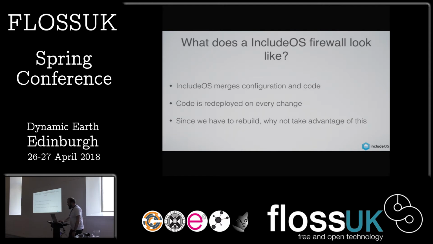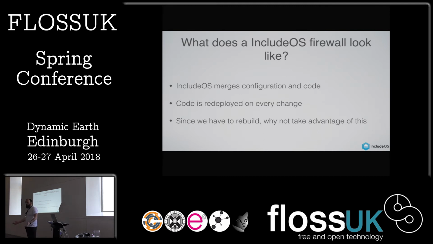So what does an IncludeOS firewall look like? Because we merge configuration and code, we actually do have to build things differently. The first thing we started to do was basically just looking at NetFilter and implementing something similar. But then it struck us that it's not really that ideal, because NetFilter is initialized with a shell script.